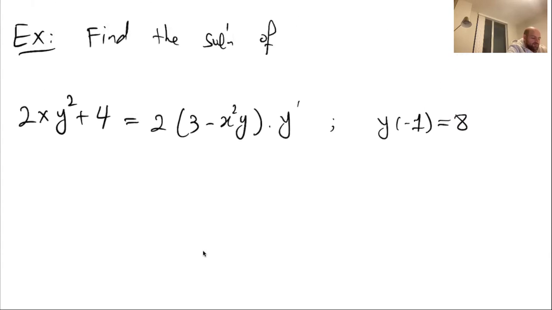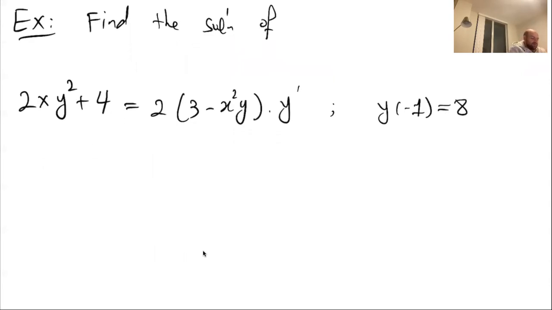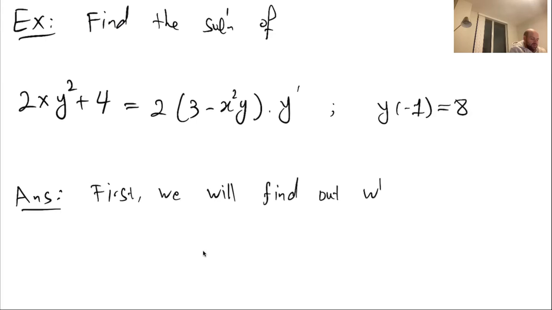Now, if you want to apply the method of solving an exact equation, first we need to verify that this equation is exact. So first, we will find out whether this equation is exact.